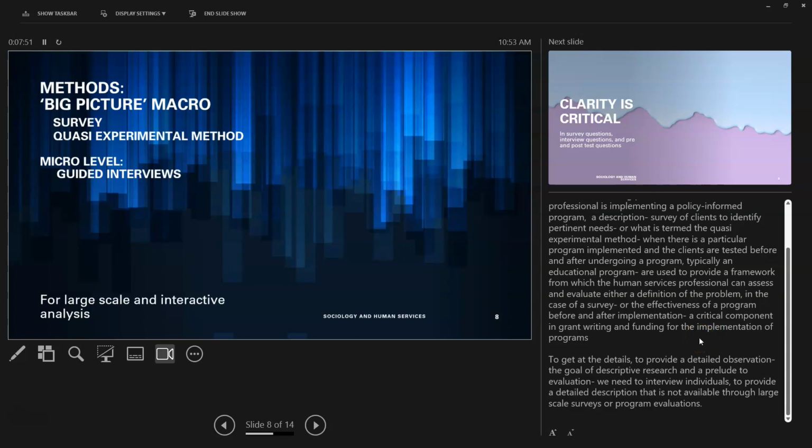To get the details, to provide a detailed observation, the goal of descriptive research and a prelude to evaluation, we need to interview individuals to provide a detailed description that is not available through large-scale surveys or program evaluations.